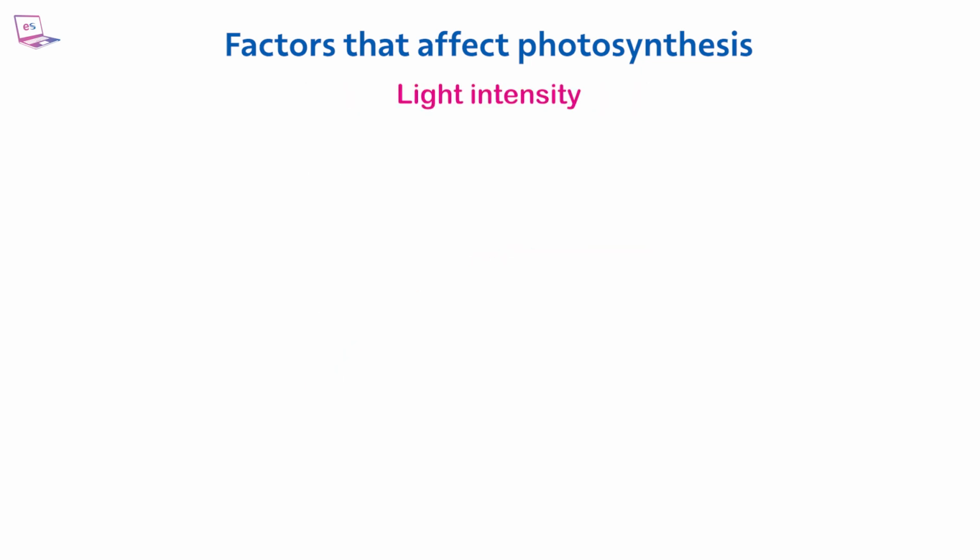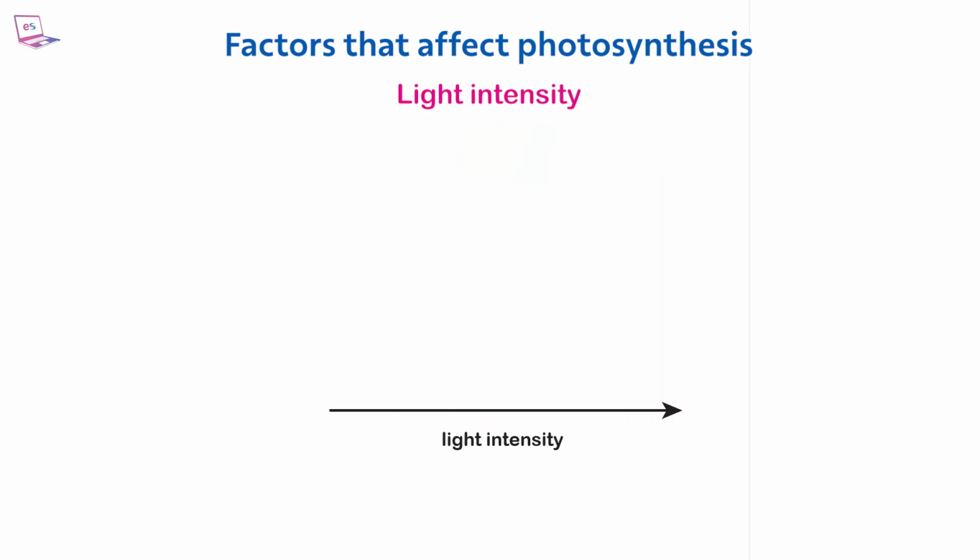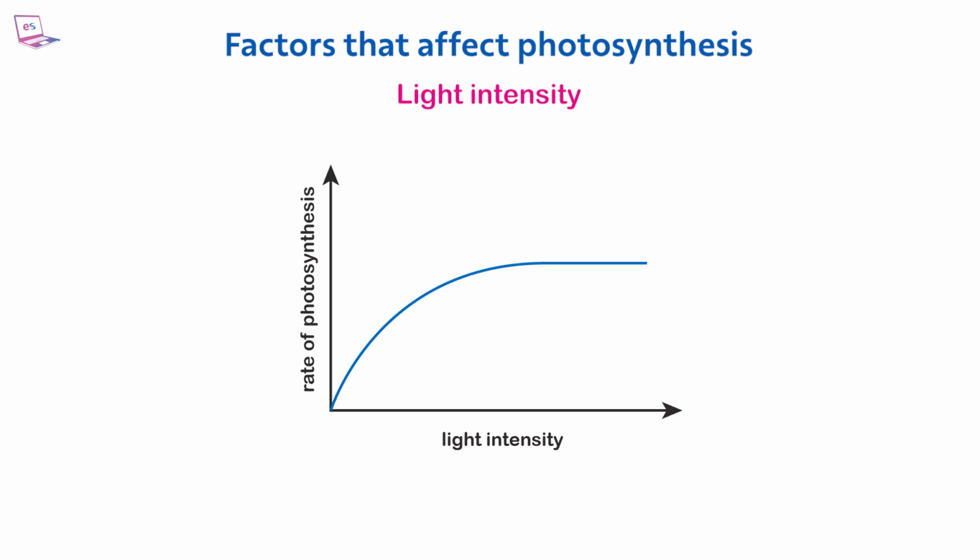Light intensity. Insufficient light slows down photosynthesis in plants, even with water, carbon dioxide, and suitable temperature. Increasing the intensity of light results in a higher rate of photosynthesis. Photosynthesis will not happen if there is little or no light.